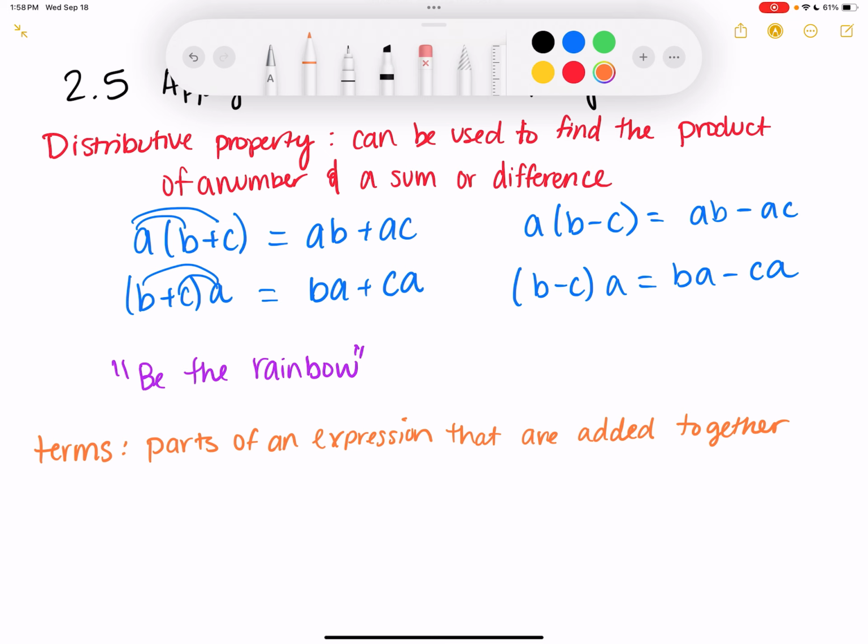A coefficient is the number part of a term with a variable.